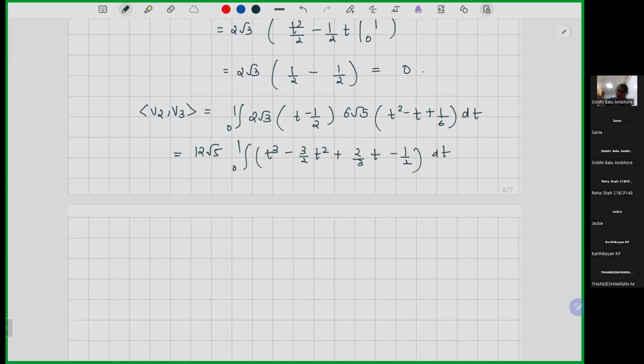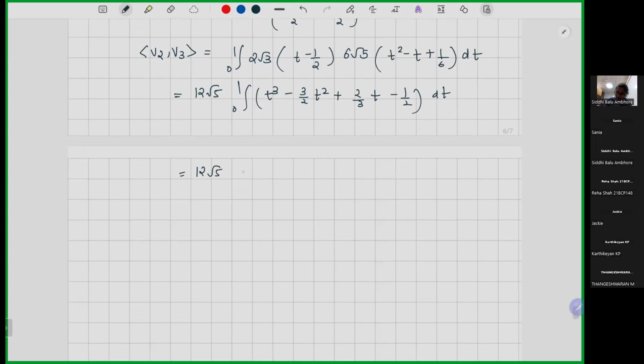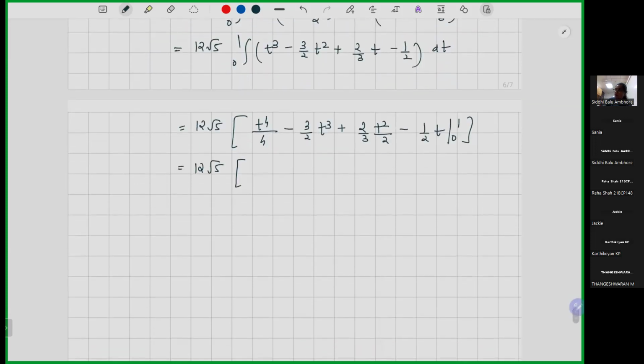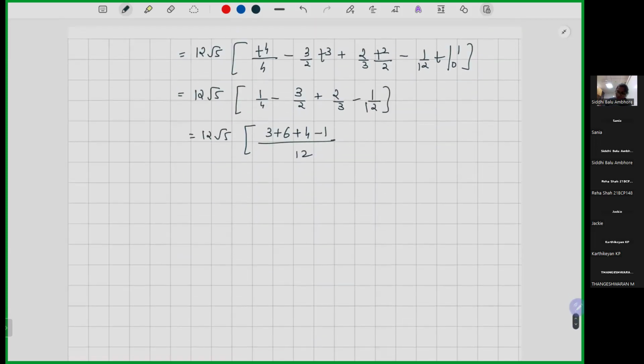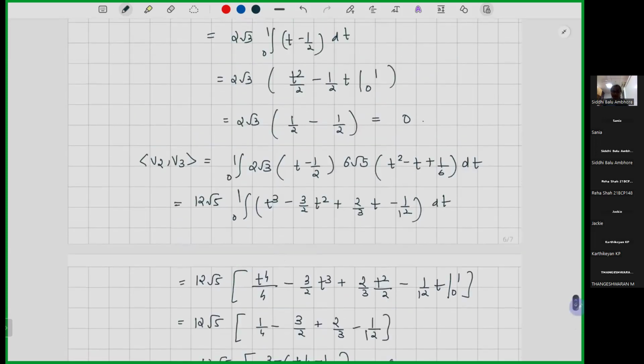So when we multiply these two polynomials, we will get this, and it will be 12 root 5, and when we integrate t power 4 by 4 minus 3 by 2 t cube plus 2 by 3 t square by 2 minus 1 by 2 t from 0 to 1, and we get that 12 root 5 into this 1 by 4 minus 3 by 2 plus 2 by 3 plus 1 by 2, and it will be 12 root 5 and 3 plus 6 plus 4 minus 1 by 12, and it will give me 0. And last, V1 and V3.